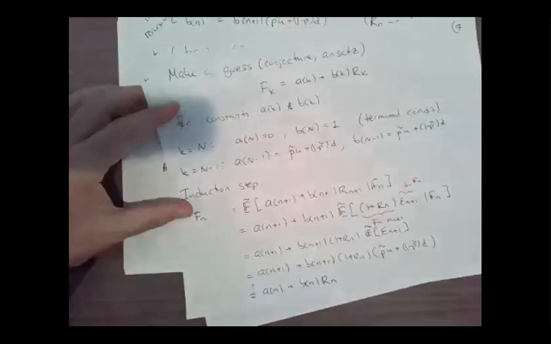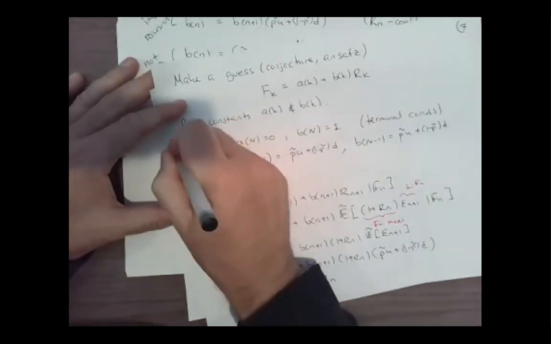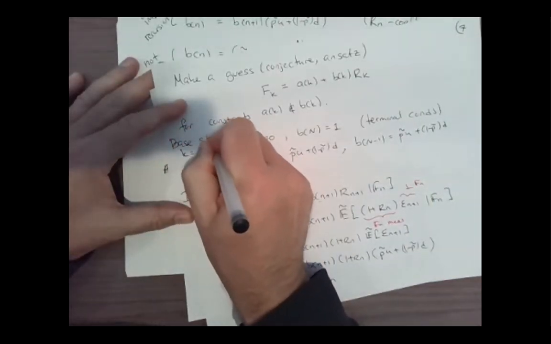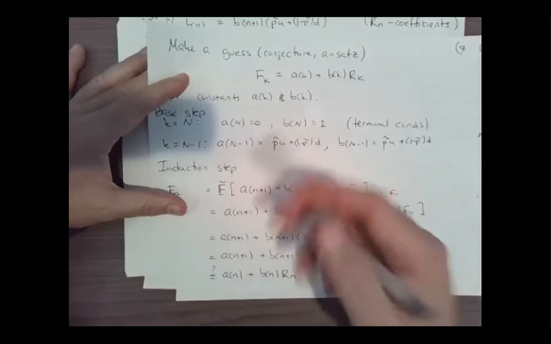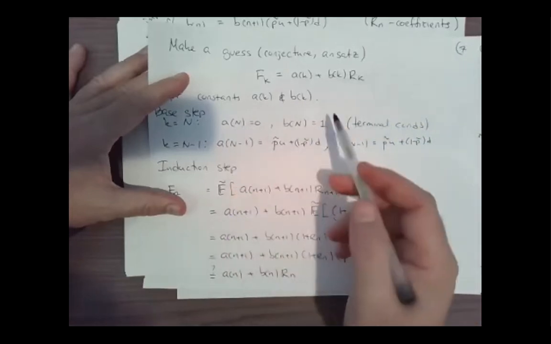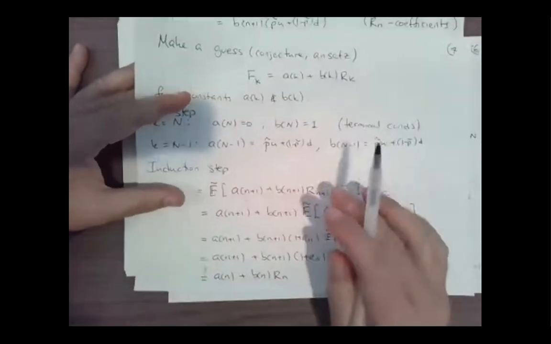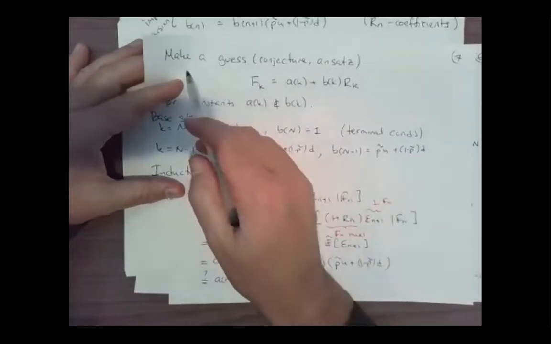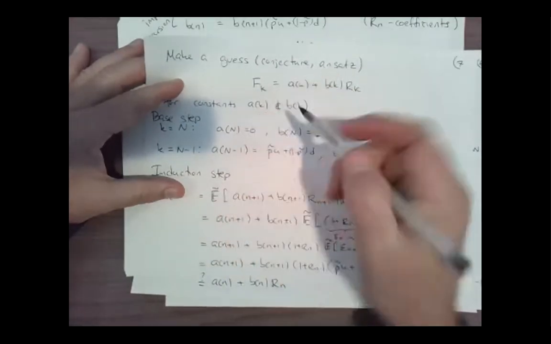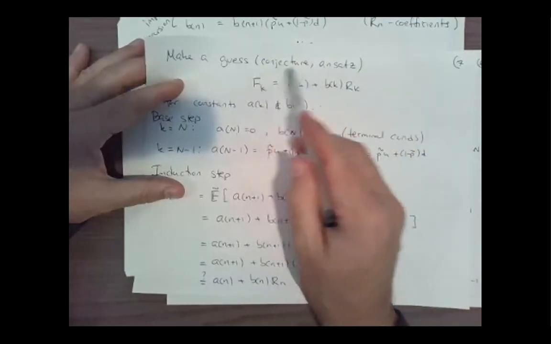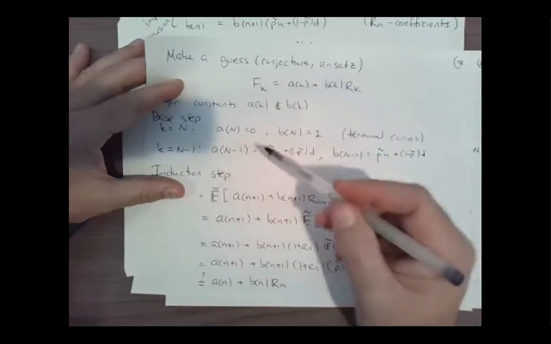This here is the base step. We actually did two base steps here. You don't have to do two, but we did. And then you do the induction step, and that's good enough. So you come up with a guess, and then you check. So after we do the checking, this is no longer a guess, right? That is correct.